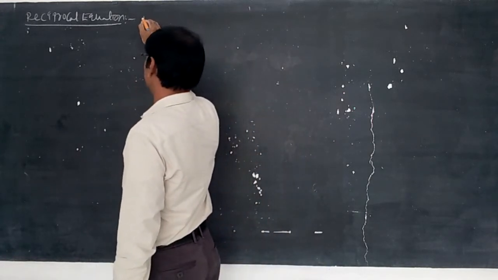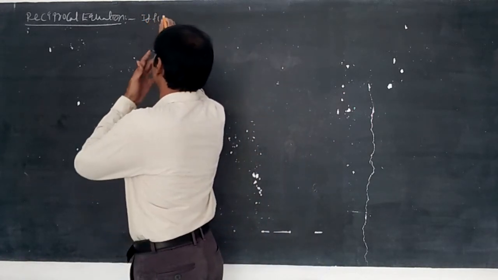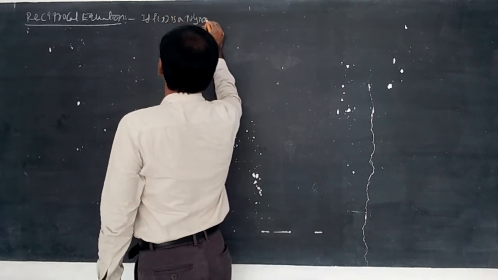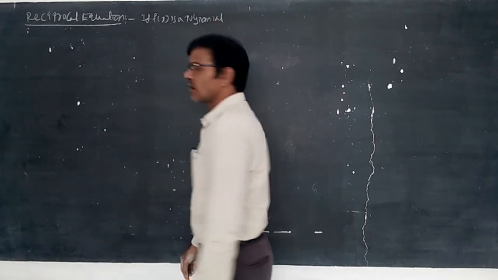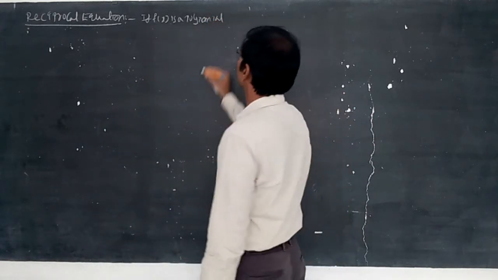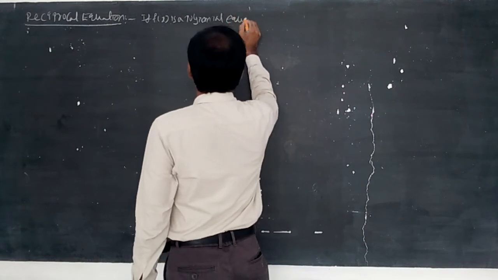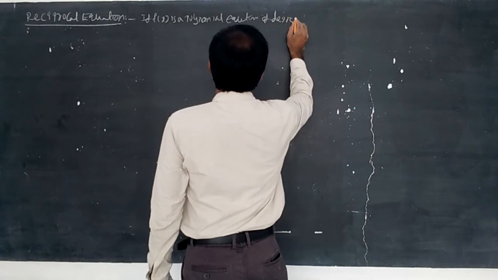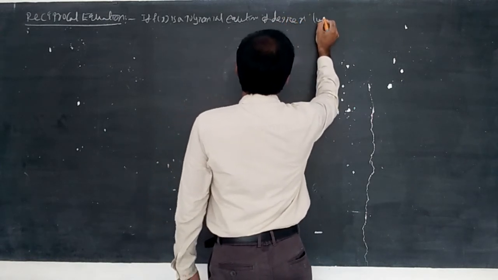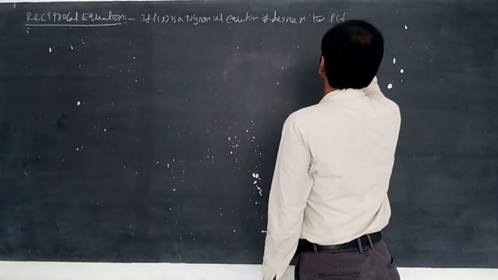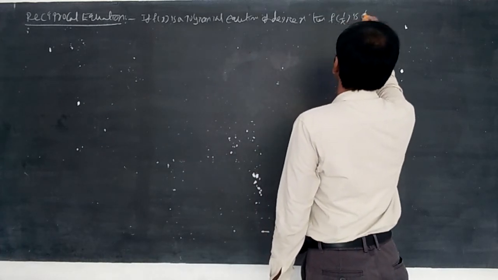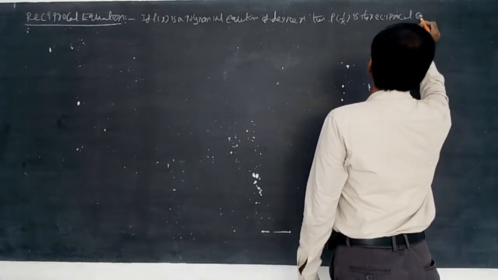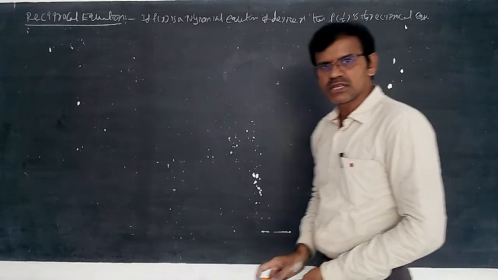Now let us write the definition. If f of x is a polynomial equation of degree n, then f of 1 by x is its reciprocal equation. It is the original. f of 1 by x is its reciprocal equation.